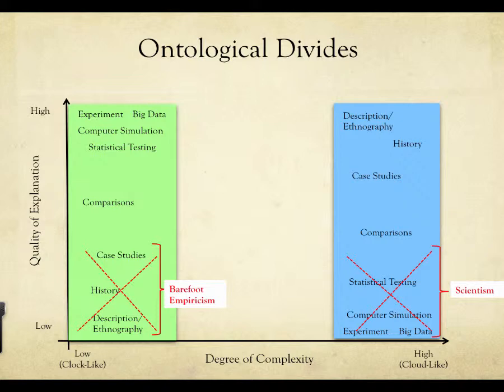And those people who subscribe to this clock-like ontology have a very distinct hierarchy of explanations in terms of their quality. They rank explanations as being of high quality that involve experiments, big data, statistical analysis, or computer simulations. That is, these are the same types of explanations that are used in physics and in the natural world. And those are the ones to aspire to.